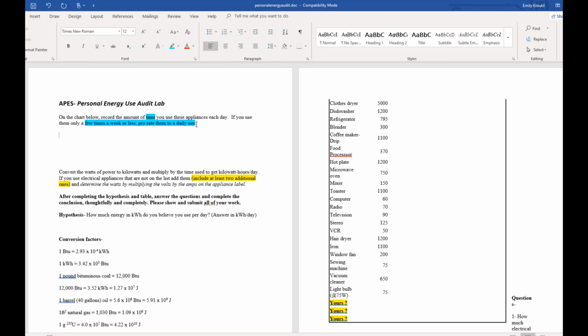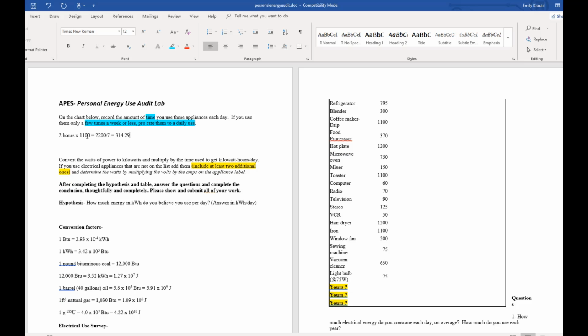So that would be 2 hours for 2 days times 1100, which would be 2200. If we wanted to prorate this for 7 days, we would just divide that by 7, and that would get us the amount he used it each day, which would be 314. Okay, so that's what they mean by prorating, just so you guys have an idea of what they're talking about there.